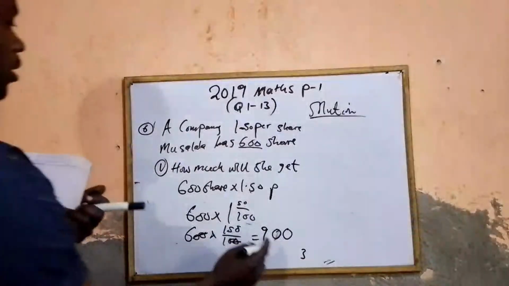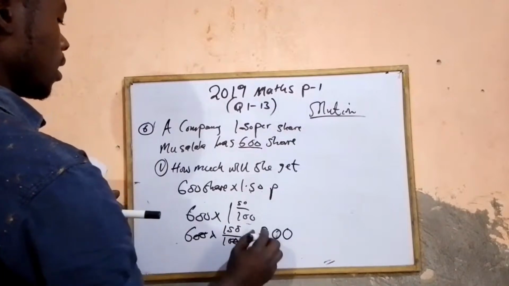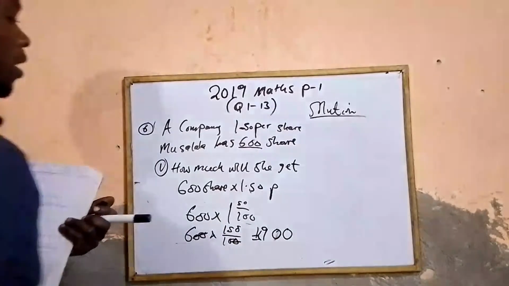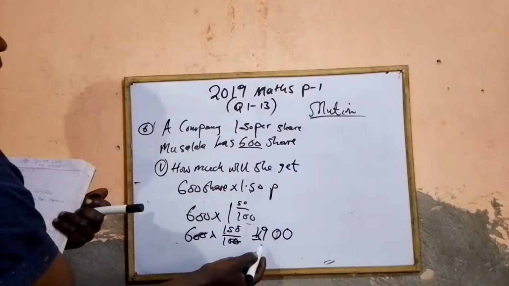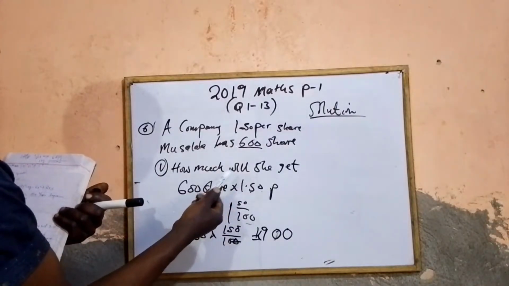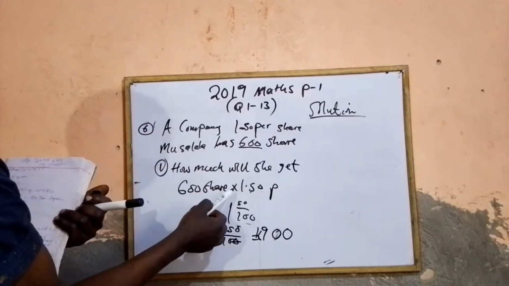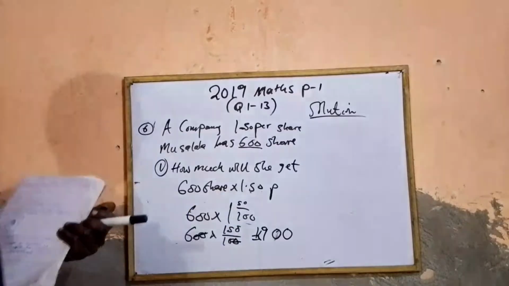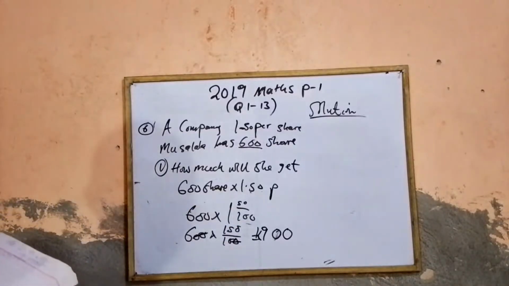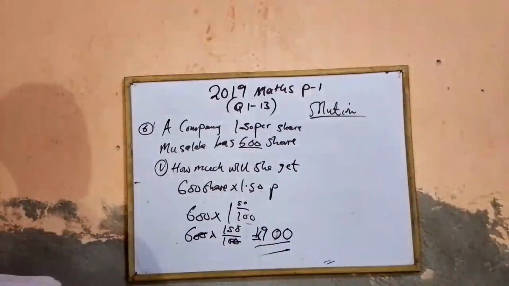So it will be 900 kwacha. This is the amount of money she is going to get when she has 600 shares, valued at K1.50 per share. So we are done with question 6.